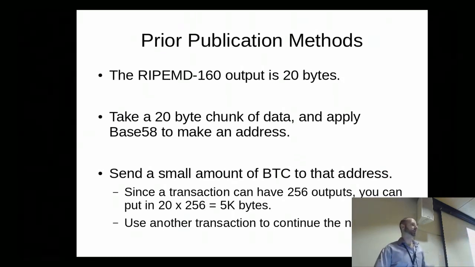One transaction could have 256 of those, in theory. So in one transaction, you've got 20 bytes times 256, so you've got about 5K. Actually, it's exactly 5K. Which is kind of small to publish a lot of files, so if you've got something bigger, you just use another transaction.